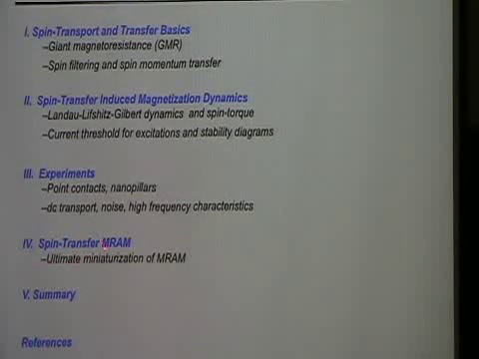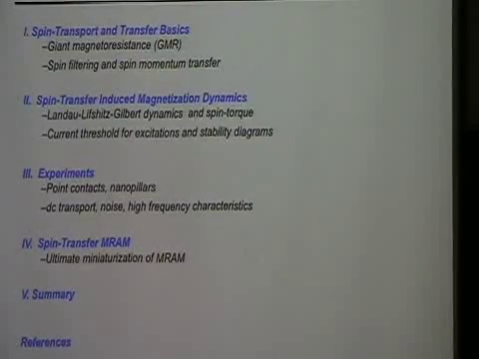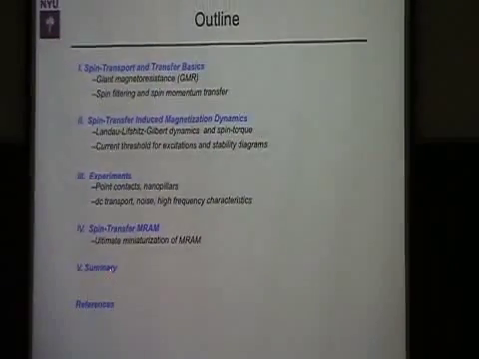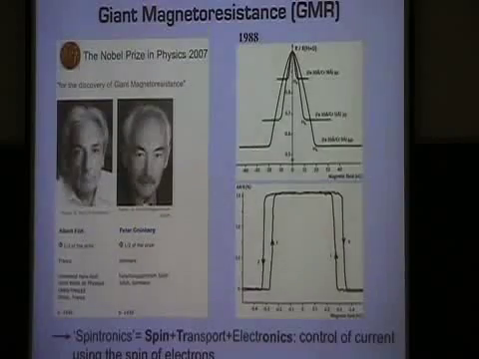And I'll mention one word about why there's so much excitement in this, in terms of making new types of magnetic memory, magnetic random access memory, where you would use spin currents instead of magnetic fields to change the state of the memory. And I'll summarize and then I'll give you references to this area.